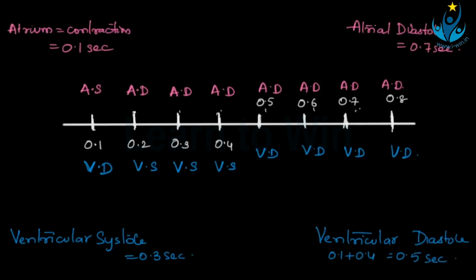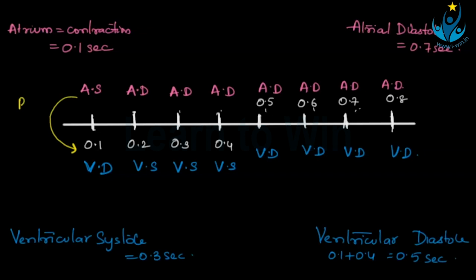Now, when the atrial systole is happening, there will be an increase in the volume of blood in the ventricle, because blood is flowing from atrium to ventricle.